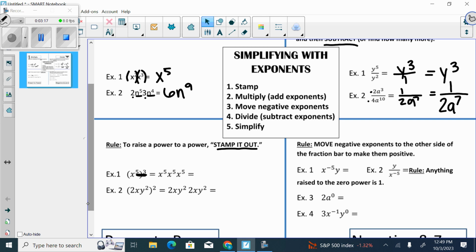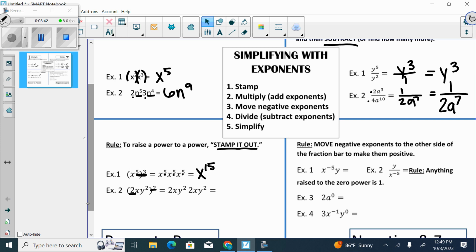Not add them, multiply them, right? 5 times 3 would give us 15, which makes sense because if I did 5 plus 5 plus 5, which is what they have written here, I would still get 15.